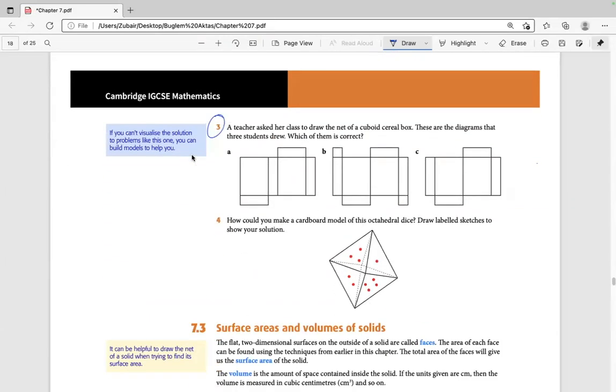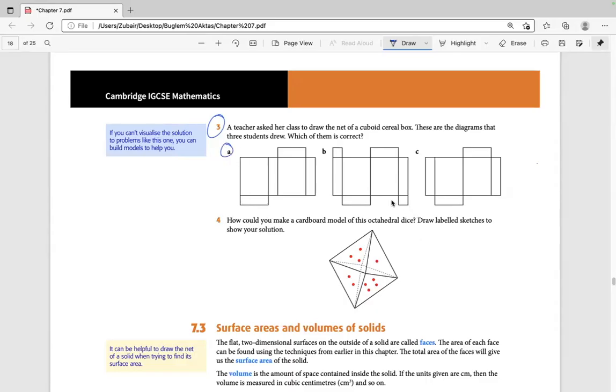Number 3. A teacher asked the class to draw the net of a cuboid Cerelac box. And these are the diagrams that the student drew. Which of them is correct? A? Yeah, I think so.